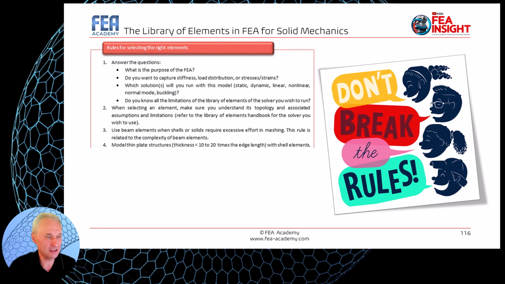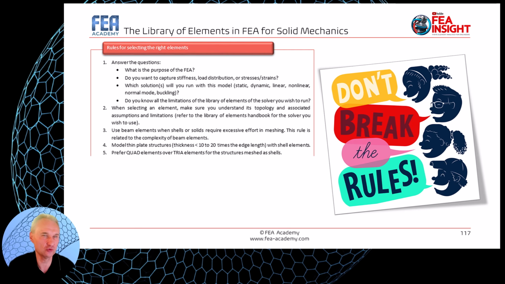Model thin plate structures, okay, with shell elements. Thin wall structures have a thickness 10 to 20 times less than the edge length. Prefer quad elements over tria elements for the structures meshed as shells, and keep the tria elements away from the zone of interest.